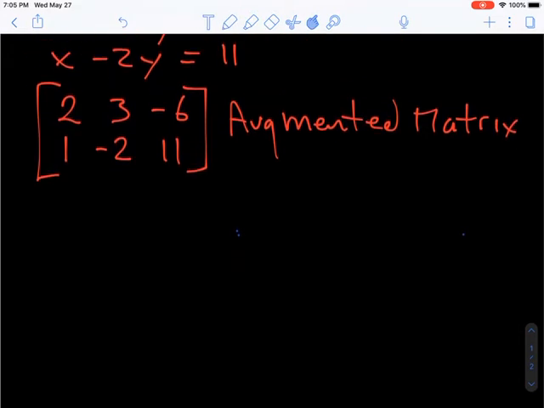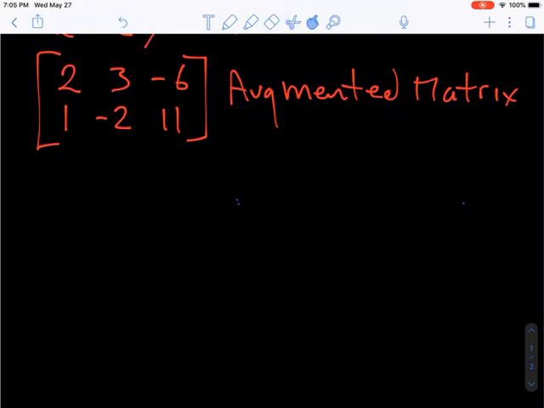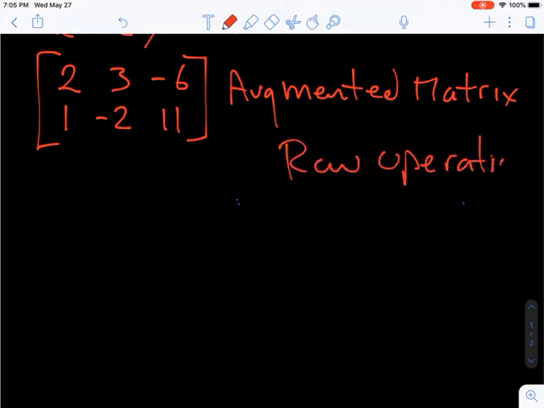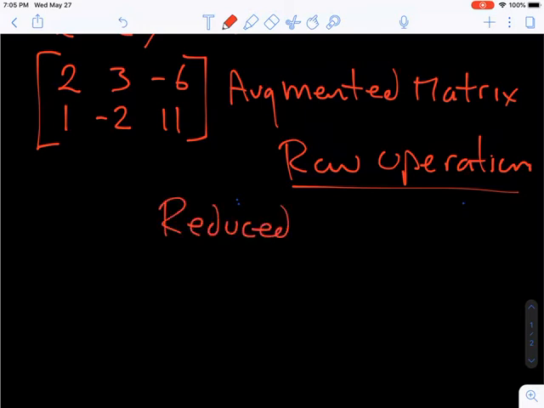The next thing that we want to do is to use the row operations to reduce this to what is called reduced row echelon form.